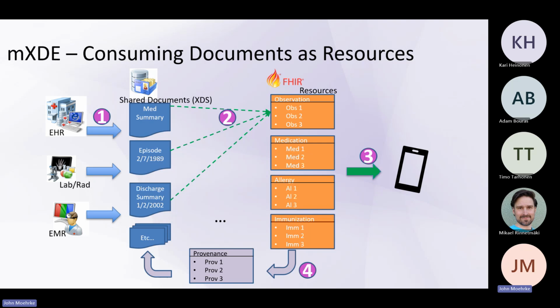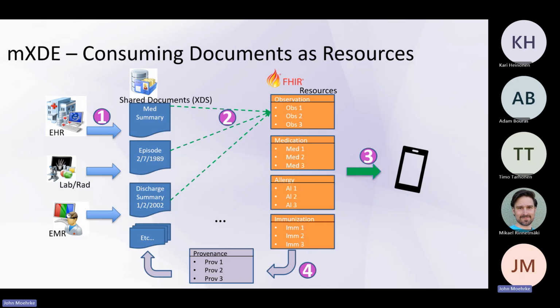Those provenance resources tell you where did this information come from. So if I found a medication in 3 different documents, I would have 3 different provenance resources, each provenance pointing to one of those 3 documents.